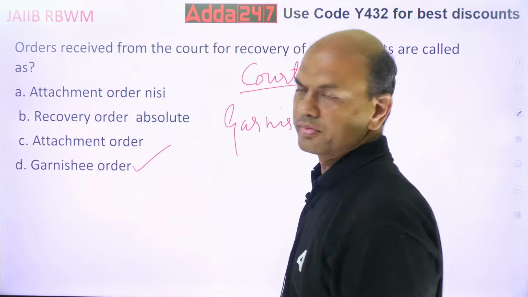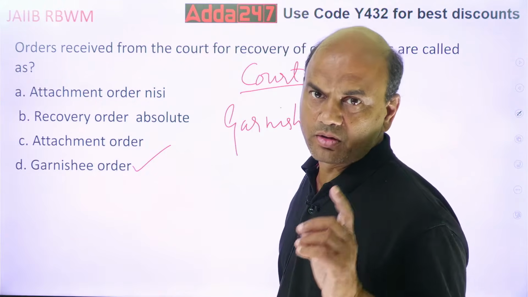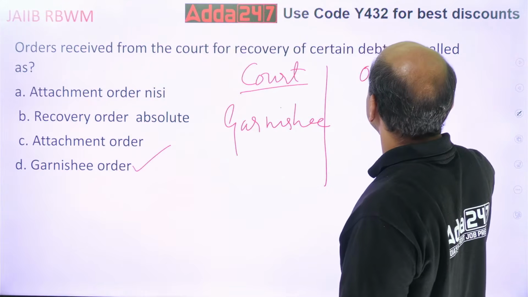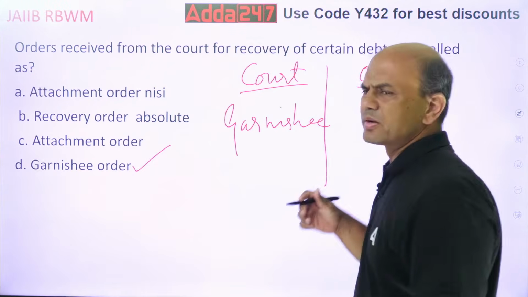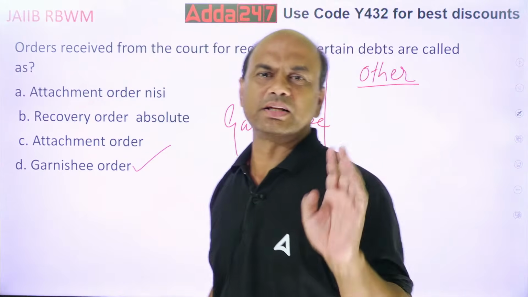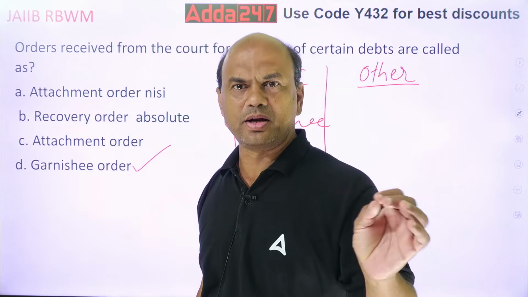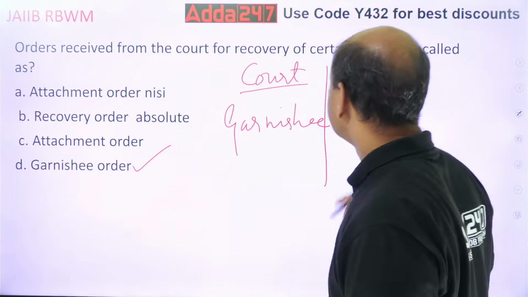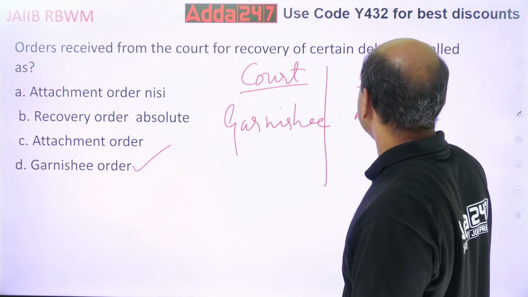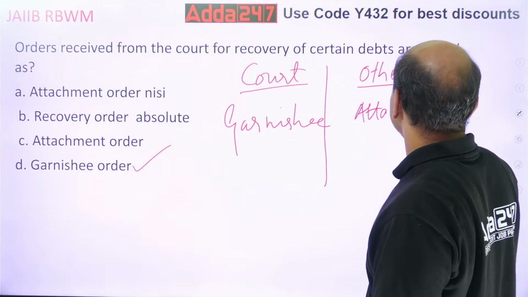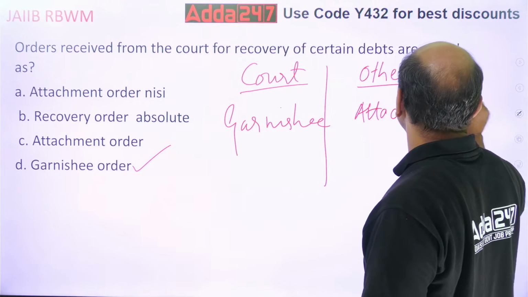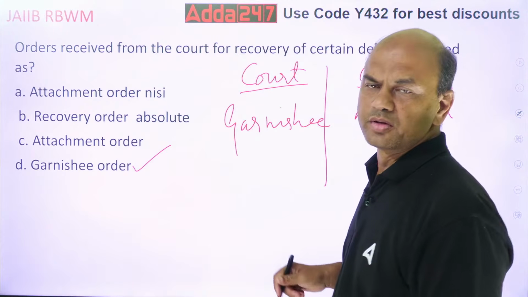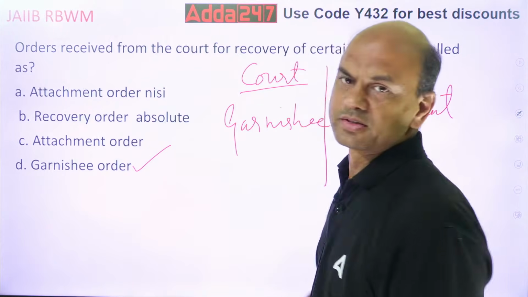Whenever you receive any order from another department, it can be income tax, sales tax, forest department, any department other than court, then it is called as attachment. Got it? So this is the difference.